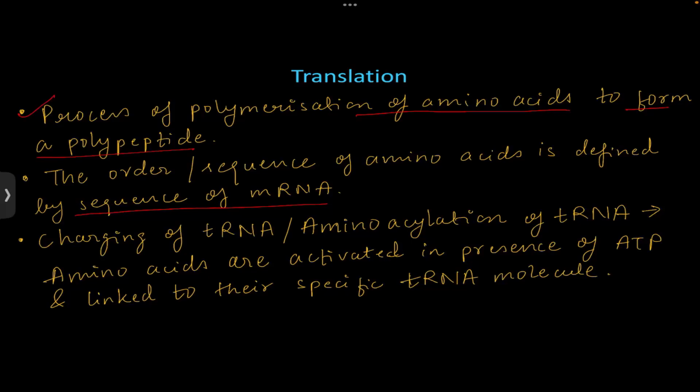Now, for formation of the polypeptide chain, you want peptide bonds to be formed between two adjacent amino acids. These peptide bonds need energy. Energy needs to be supplied to overcome the activation energy of the reaction, and this allows the formation of the peptide bond between two adjacent amino acids.